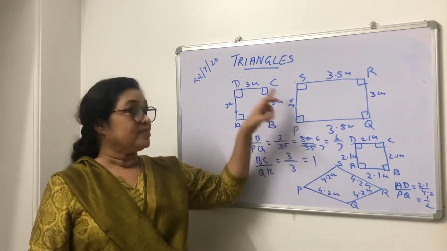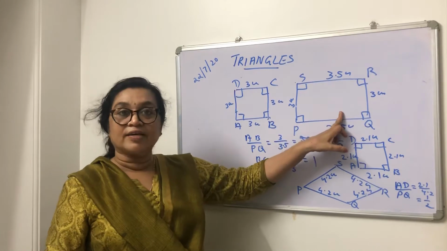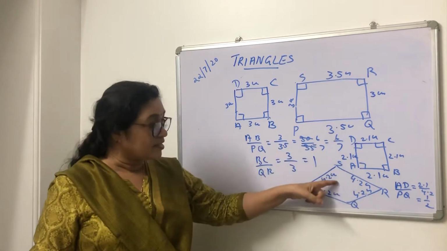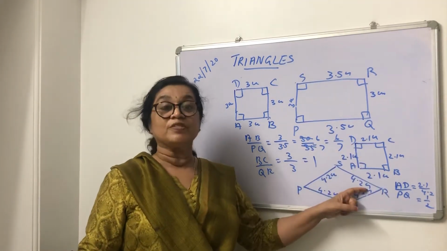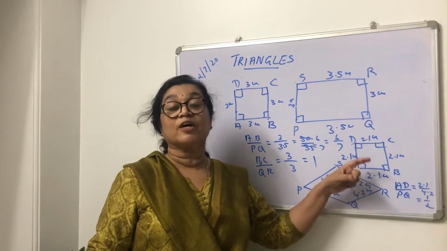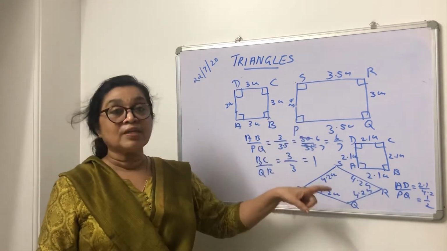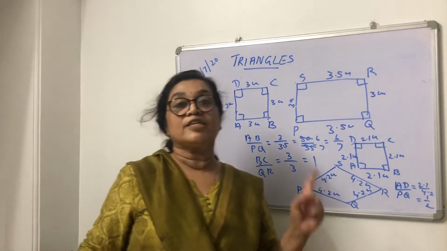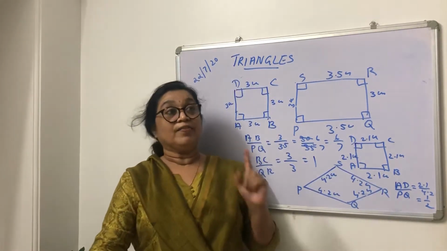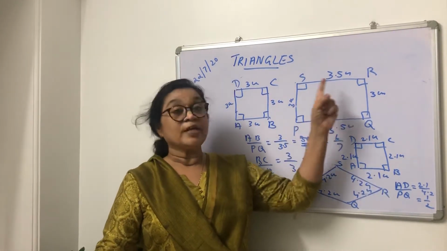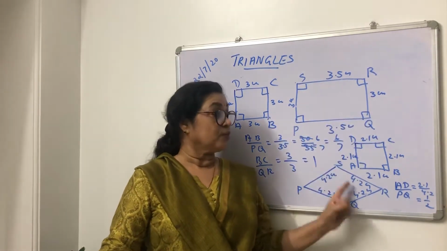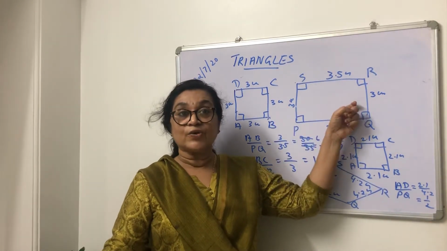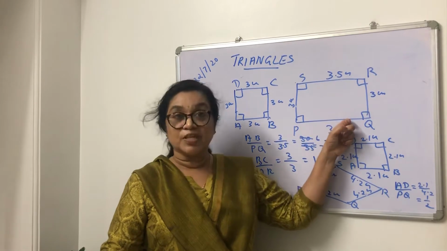In the first case, corresponding angles are equal, but corresponding sides are not in the same ratio.